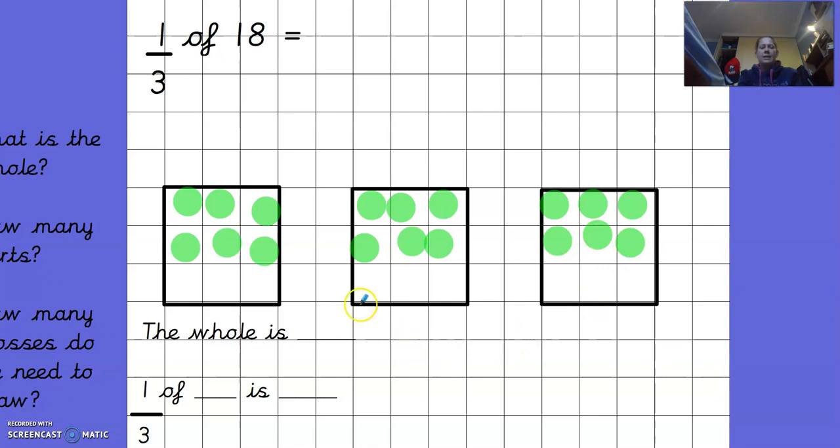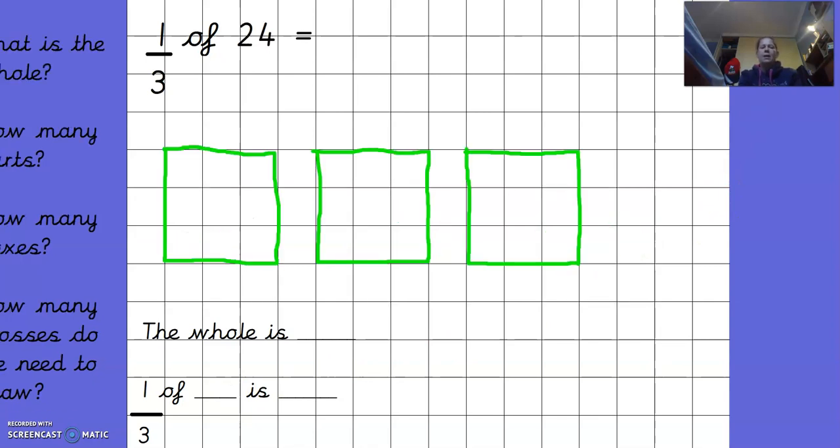So 1/3 of 18 is 1, 2, 3, 4, 5, 6. The whole is 18 and 1/3 of 18 is 6. Well done. Have a go at this one. Pause the video. 1/3 of 24. See if you can work it out.